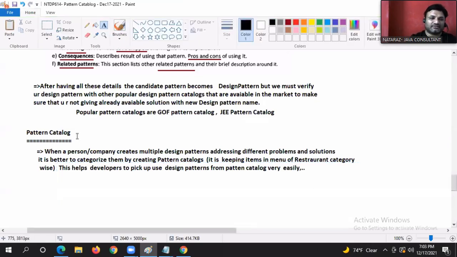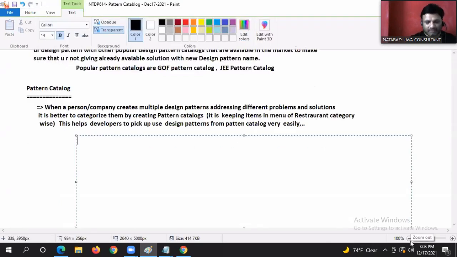Right, guys. The Gang of Four pattern catalog contains three categories.